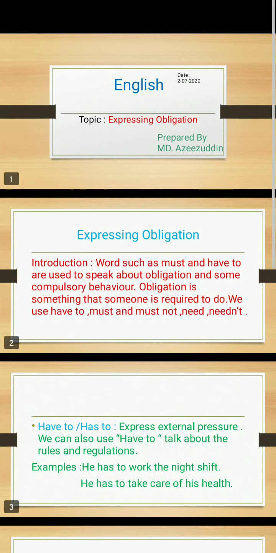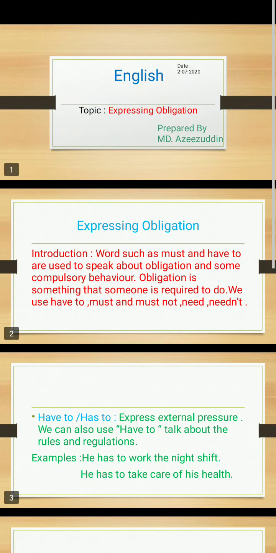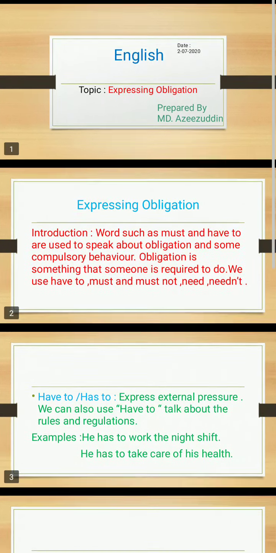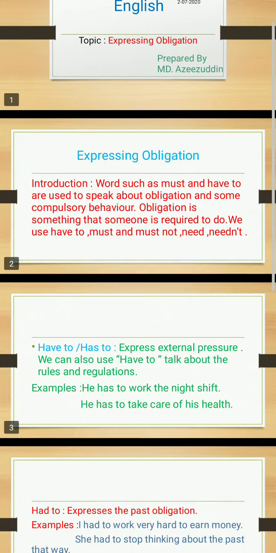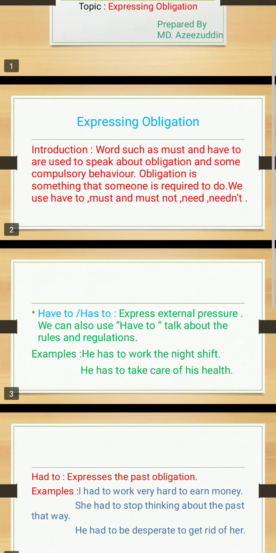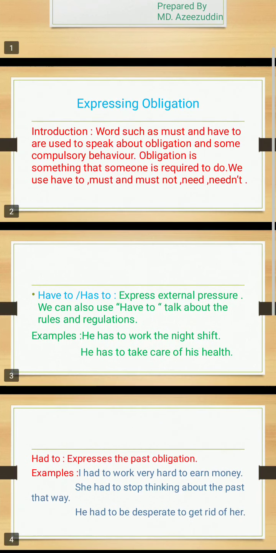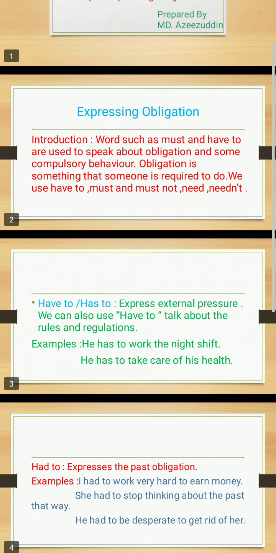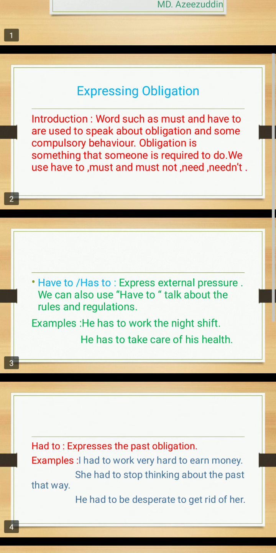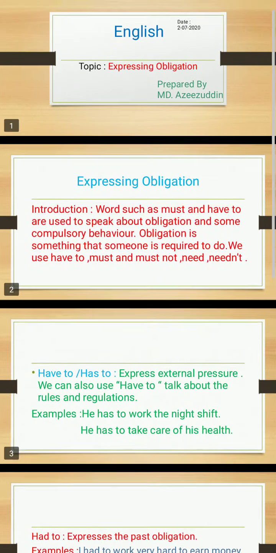It is very important for you to remember where have to is used. It implies rules and regulations. If you observe the two examples given here, the first example is: he has to work the night shifts.